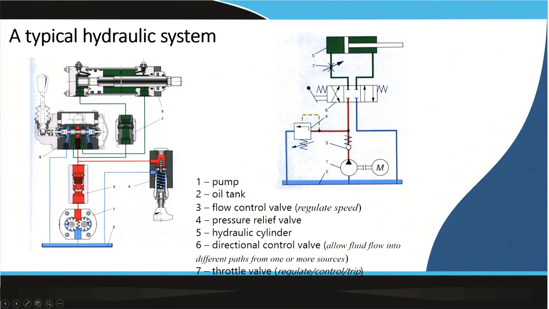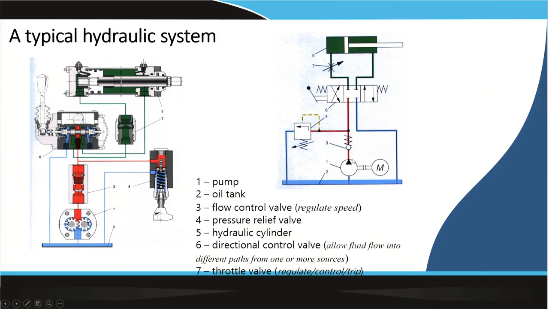Then we have a throttle valve, to regulate or sometimes trip or control the operation, and it is going to the main hydraulic cylinder or actuator.